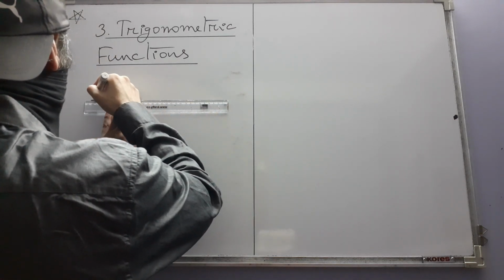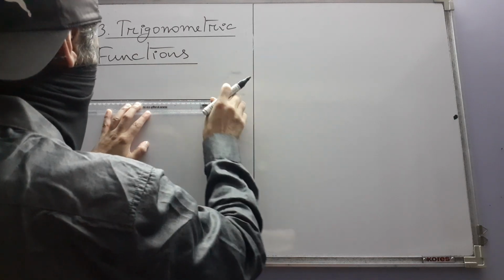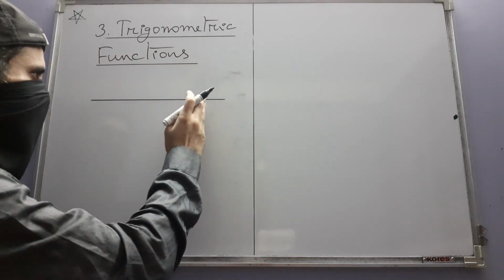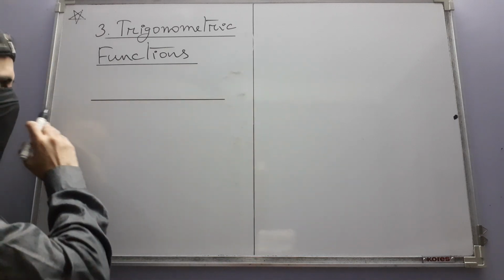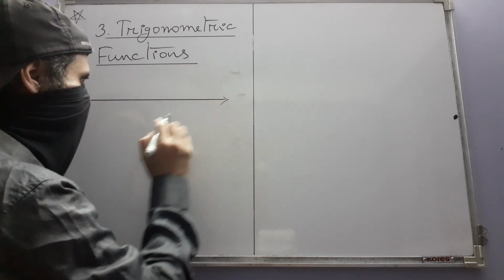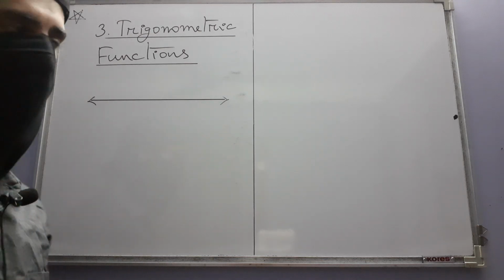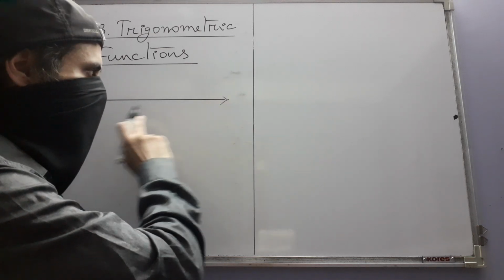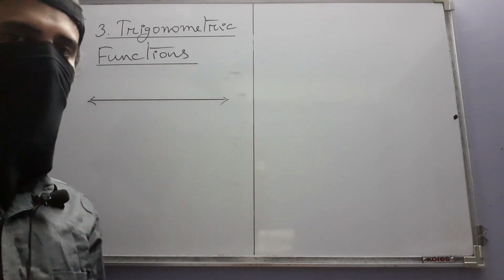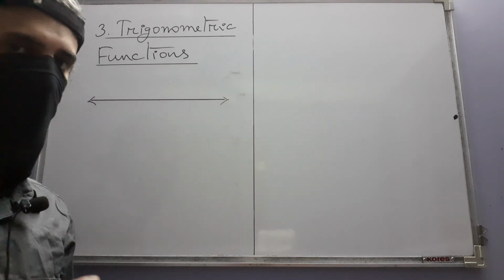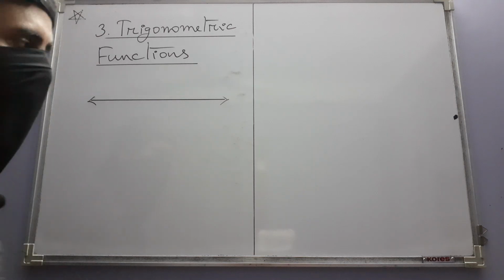To indicate the fact that it doesn't end on this side as well as on this side, we normally use arrowheads like this. These arrowheads indicate that the line continues on either side without any end. That's our usual straight line from Euclidean geometry.